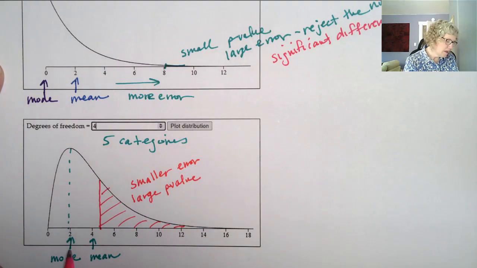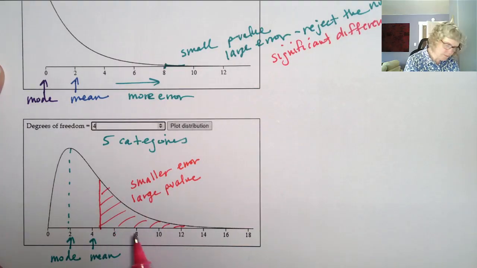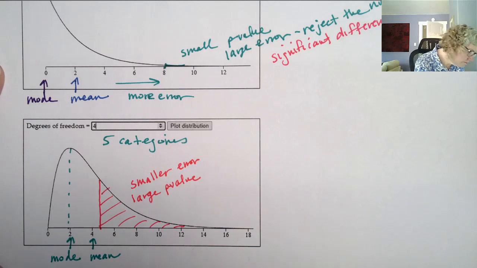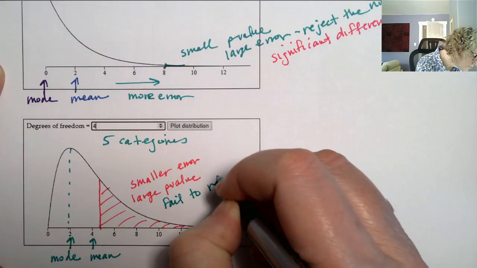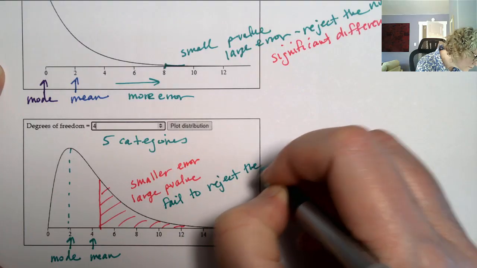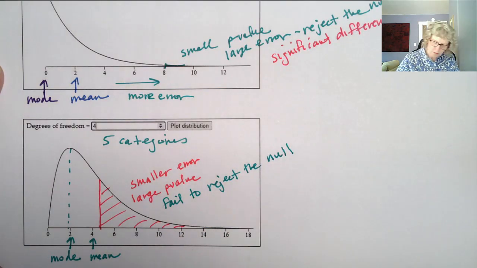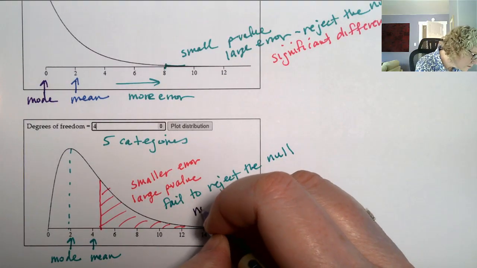That would give us a large p-value, right? This area would be bigger. Then we would fail to reject the null. That would mean we don't have a significant difference.